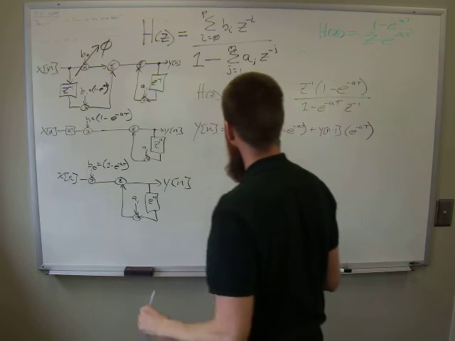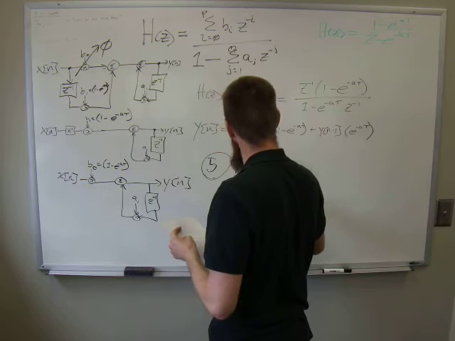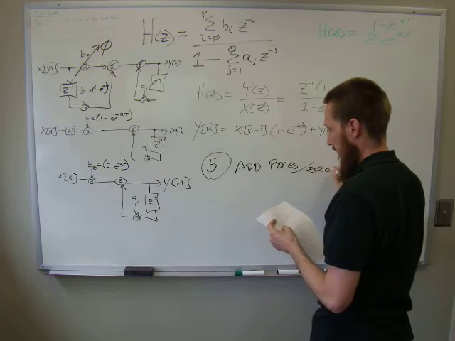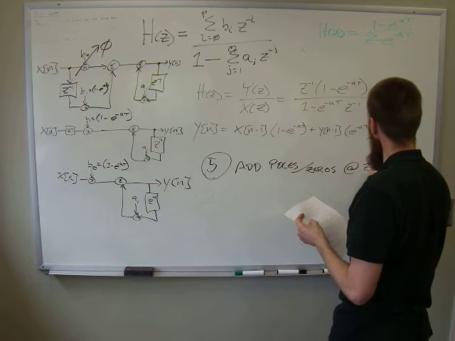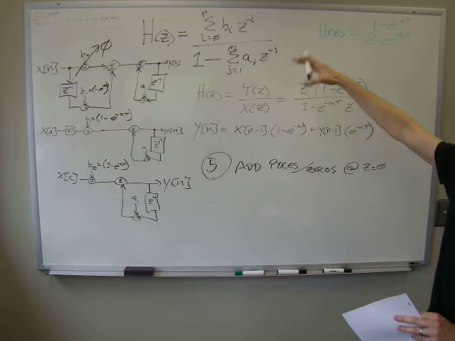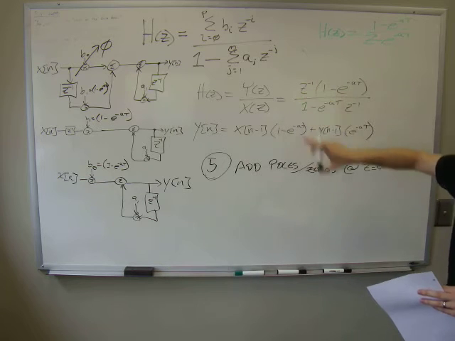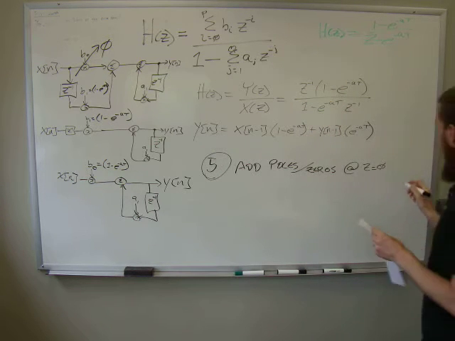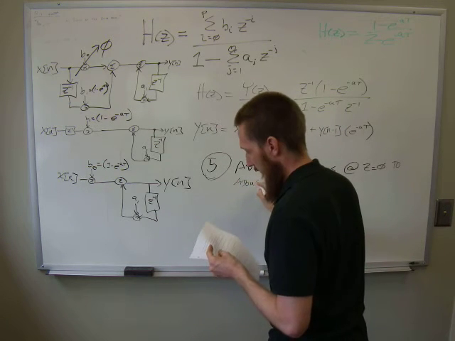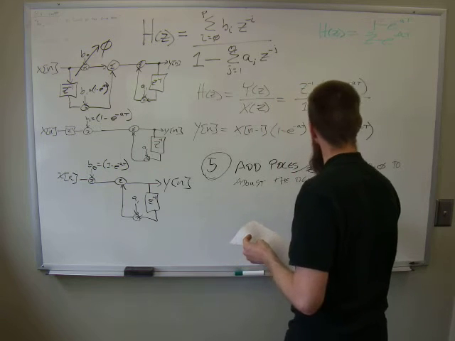The last step, step number 5, is to add poles or zeros at z is equal to 0, to eliminate this standing z, to adjust the delay of the filter.